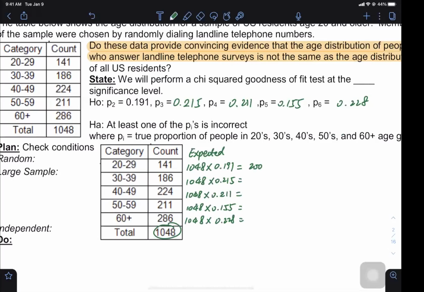So the first one is 200.168. And the next one is 225.32. That's 221.128.